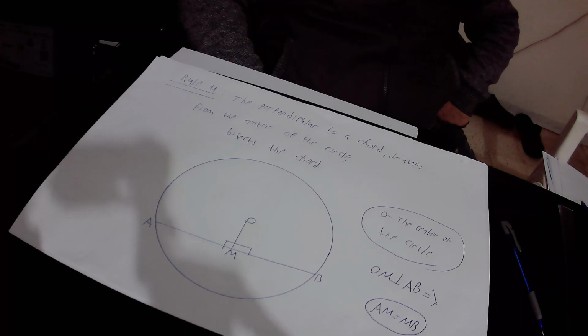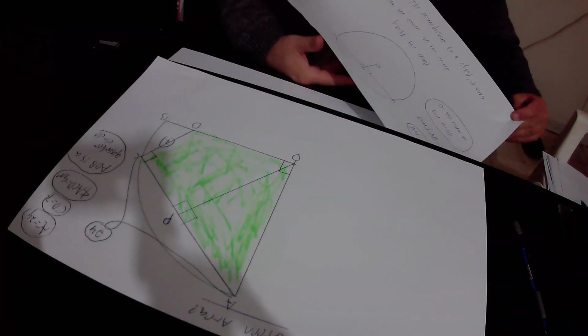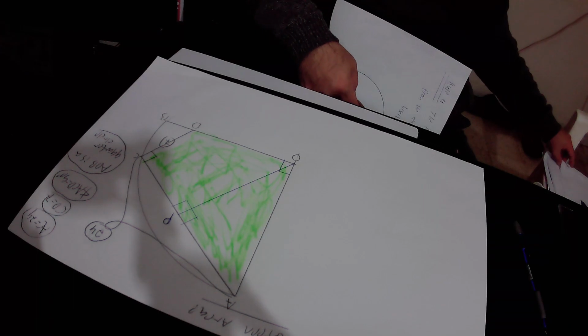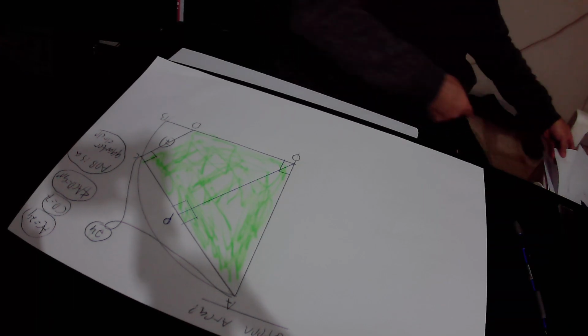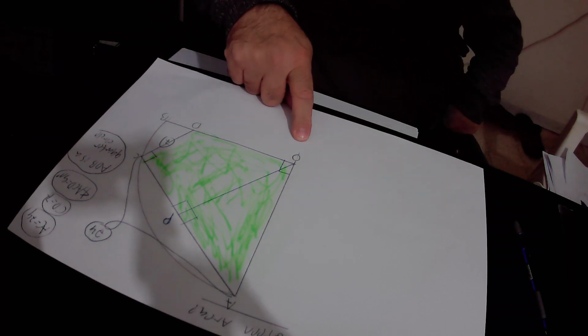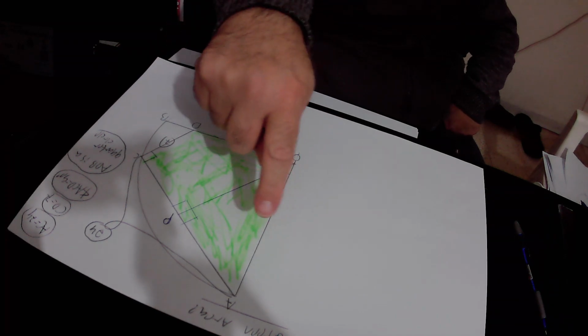Okay, so we can implement this rule number 11 in our drawing. Why? Because in our drawing, from the center of the circle, that is to say from point O, we draw perpendicular OP on chord AC.